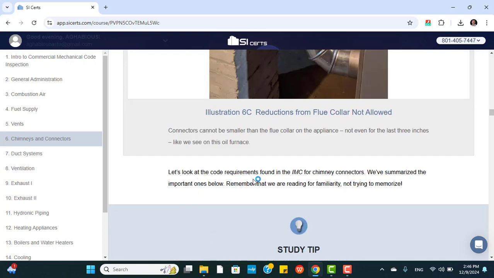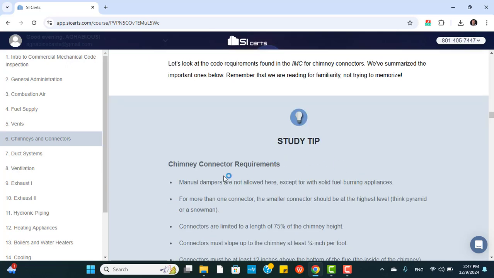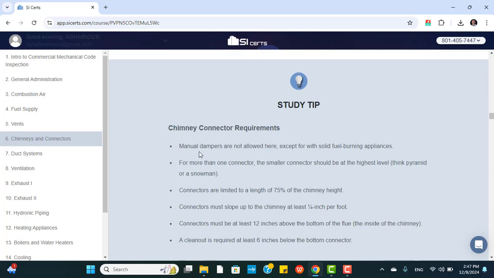Let's look at the code requirements found in the International Mechanical Code for chimney connectors. We have summarized the important ones below. Remember that we are reading for familiarity, not trying to memorize. Study tip: chimney connector requirements. Manual dampers are not allowed here except for solid fuel burning appliances.